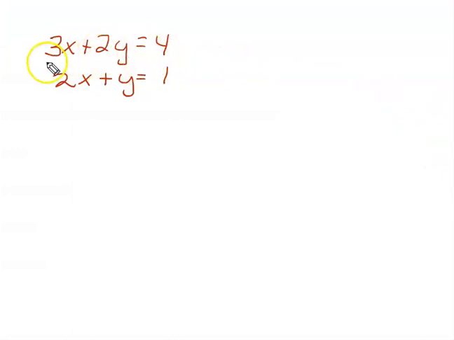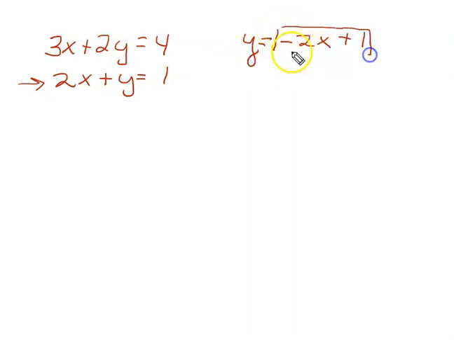Now, as you inspect these equations, you want to see if you can solve for one of the letters. This one is the obvious example: we write y, which is this y here, and just transpose this 2x to the other side as a negative 2x plus 1. We have solved one of the equations for a given letter. Now, we have a value for y.